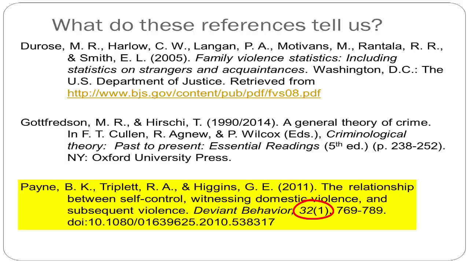This particular article is in the 32nd volume, but in the first issue. There are often 4 issues per journal, and it really depends on how frequently a journal publishes articles. Sometimes it's quarterly, sometimes it's monthly, and that will dictate the number of issues that the journal produces.